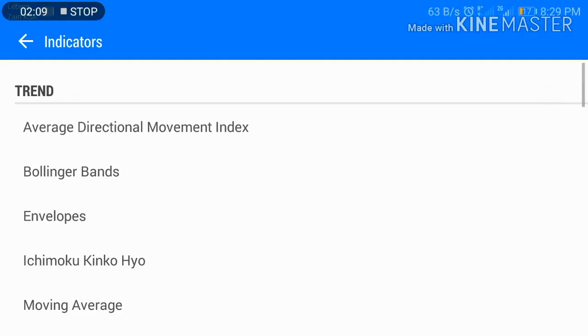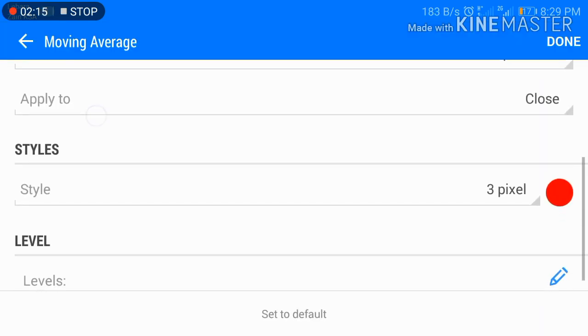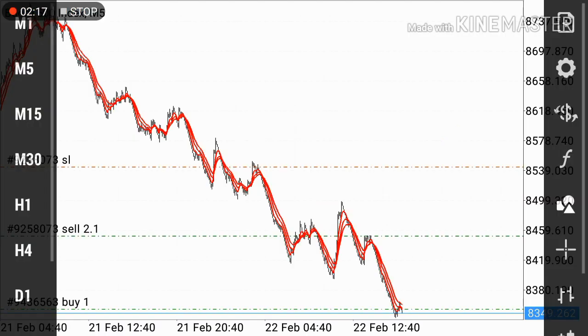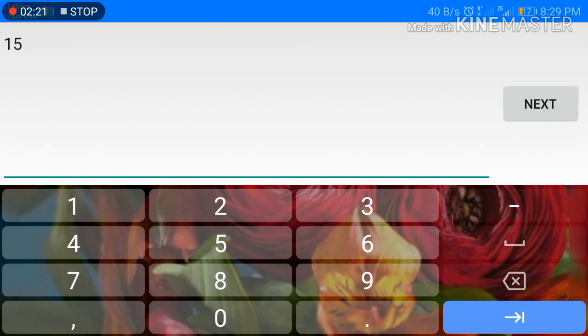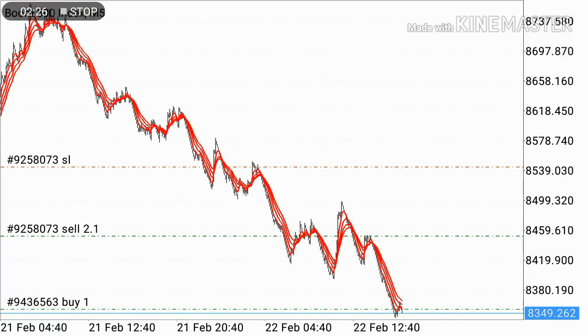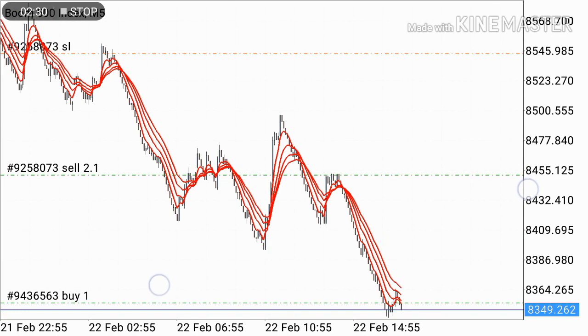Once more, moving average 15, next, done. Once more, moving average, period 20, and done. Okay, look, count this: 1, 2, 3, 4.